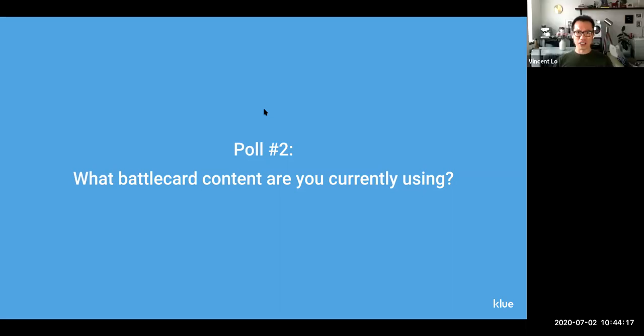Yeah, I'm not actually terribly surprised. I think this is very typical, especially the much lower number on quick dismiss and how to spot a competitor. I did a quick scan of some of the battle cards that I've seen, and unsurprisingly a very small percentage have quick dismiss content.